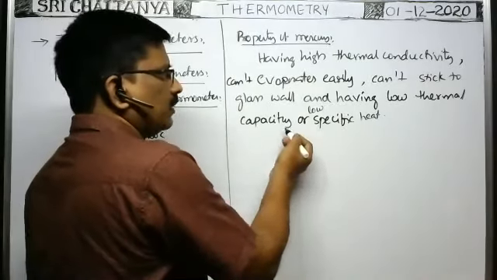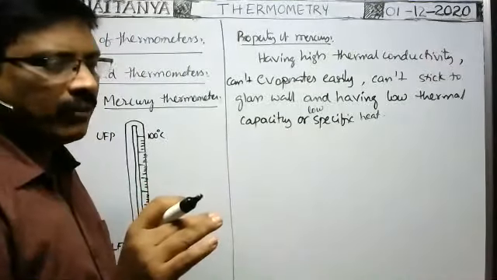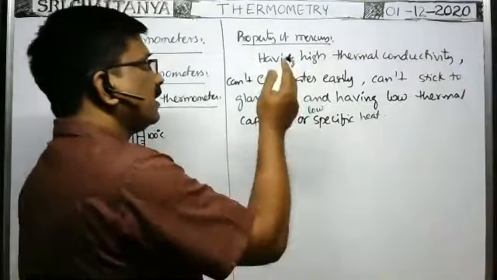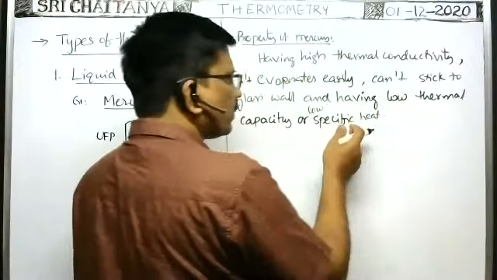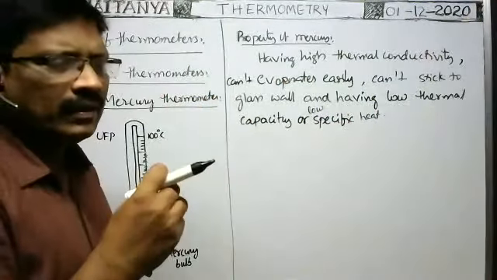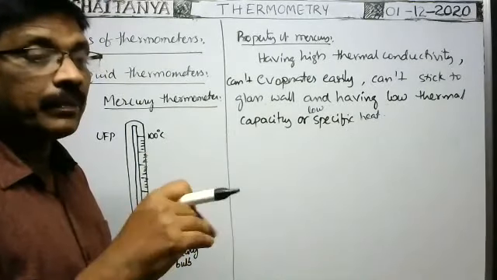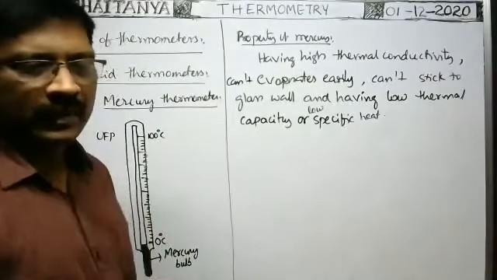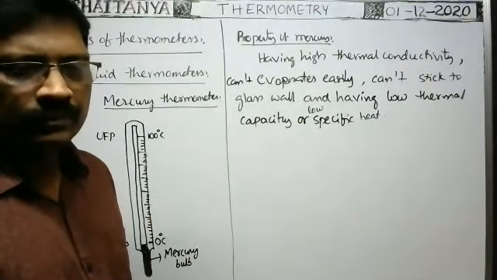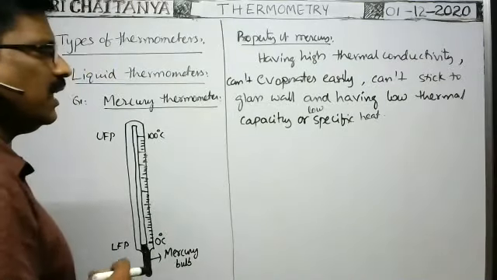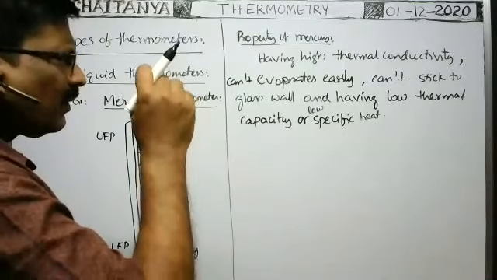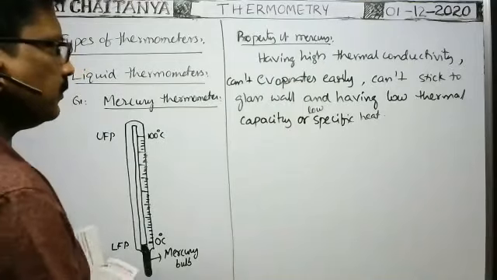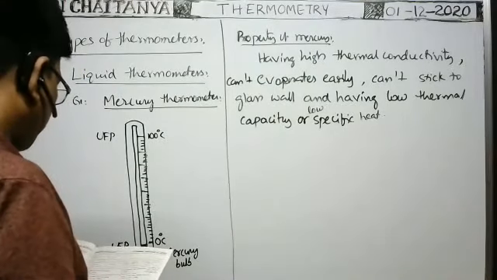Specific heat means the amount of heat required to raise the temperature of unit mass of the substance by 1 degree. Because of low thermal capacity, even when a small amount of heat energy is absorbed, the rise in temperature will be more.